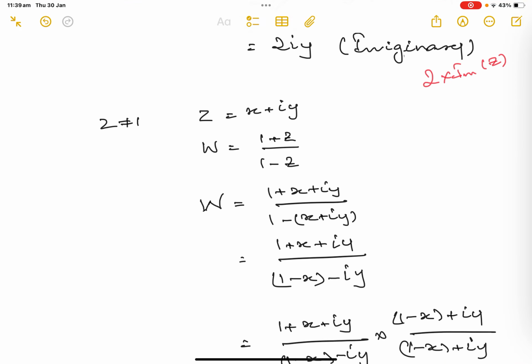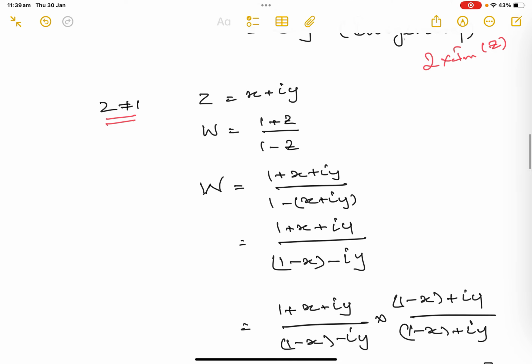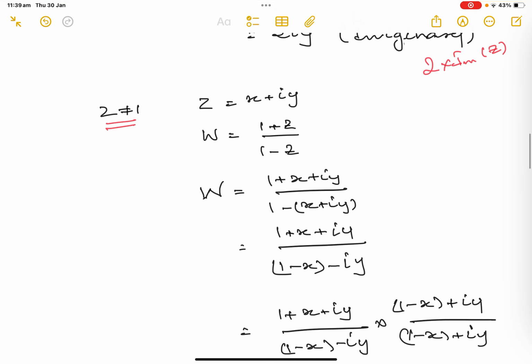Okay. z is x plus iy, and w equals 1 plus z over 1 minus z. It's the reason why z does not equal 1, because of this 1 minus z in the denominator. It would make w meaningless. So that is why they said so.